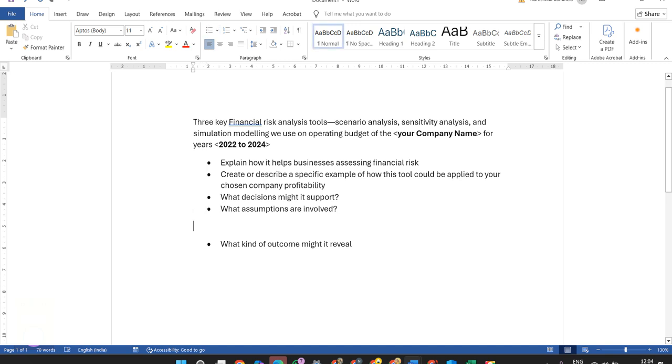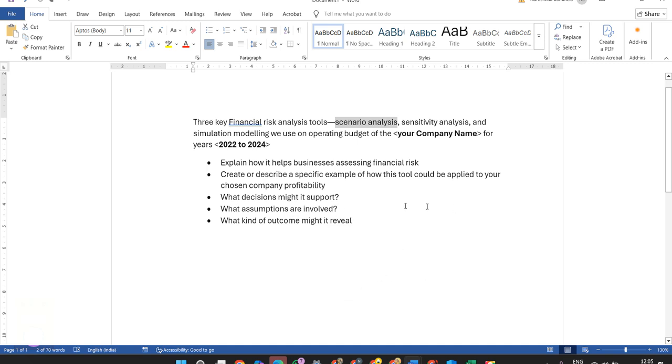For any tool you select, for scenario analysis first, how does scenario analysis help business assess financial risk? Quote some example related to that, what decisions it can support, what assumptions it usually involves, and what kind of outcome we can get. Like this we are supposed to create.